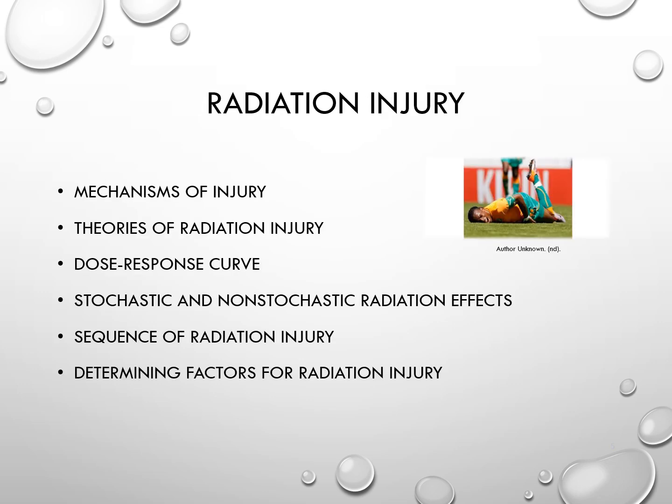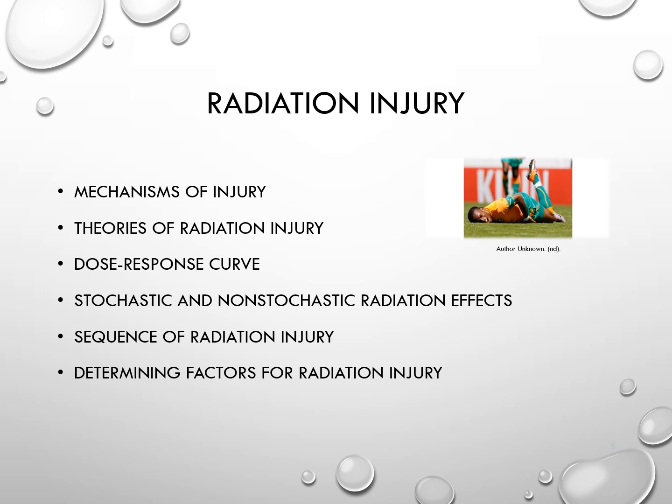Okay, so first let me just start off by saying that the very first line of this chapter on page 31 is that all ionizing radiations are harmful and produce biologic changes in living tissues. This includes dental radiation, dental radiography, and so here with radiation injury, we need to understand those mechanisms.